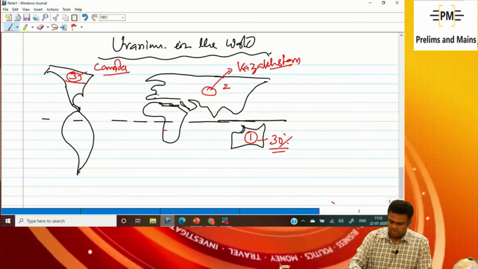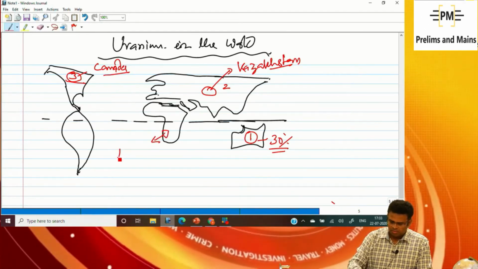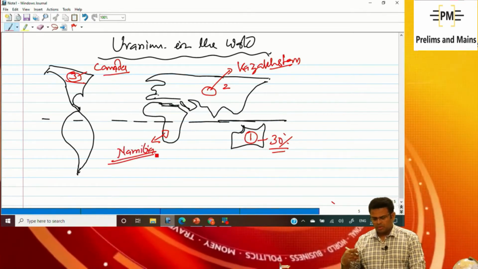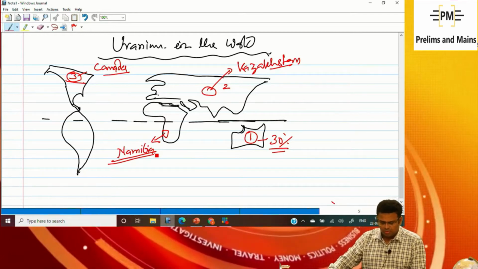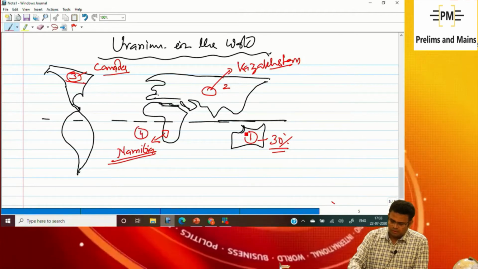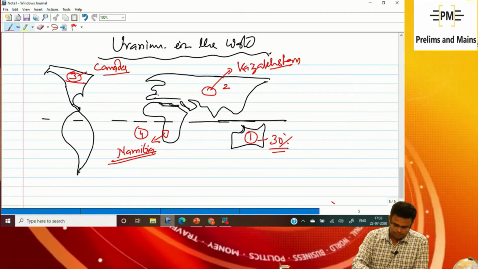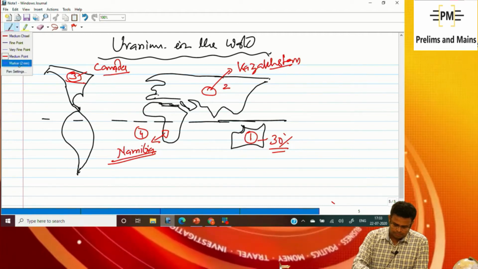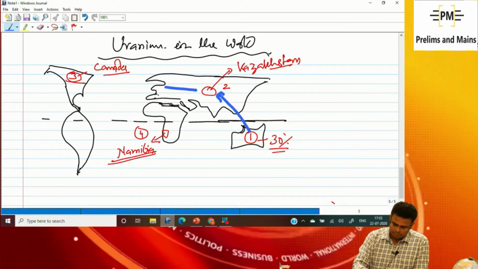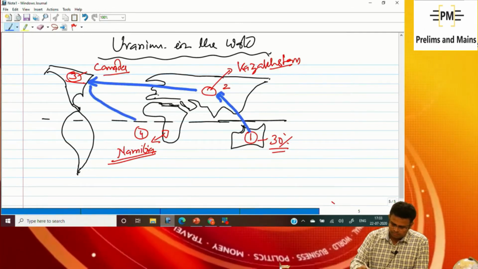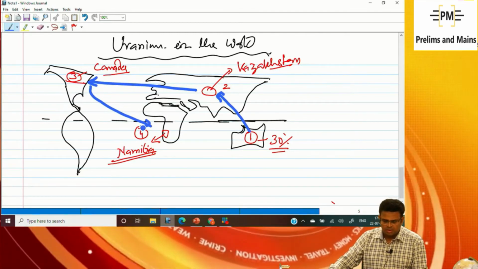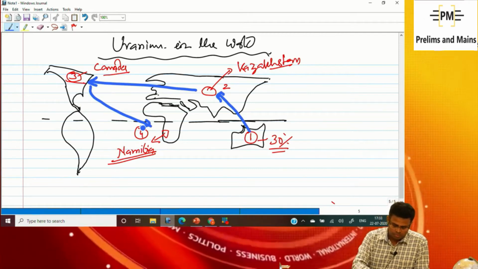And then fourth, we can say, here it is Namibia in Africa. So this is the way you can remember: the first is Australia, second is Kazakhstan, third is Canada, and fourth is Namibia.